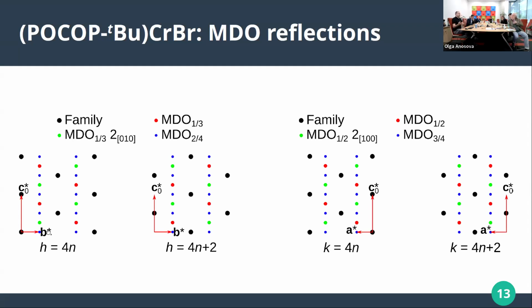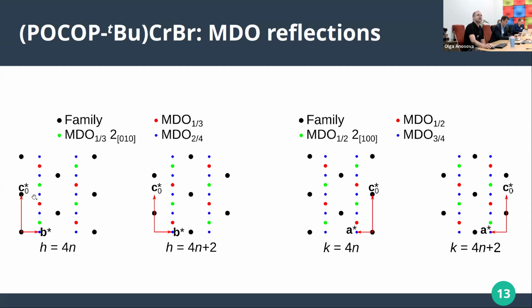And so from the lattice of the MDO polytype, you can say where you expect the reflections, right? And then in this case, I only look at the H and K even planes, because they're less complicated. You have rods where the family reflections are. These are reflections that belong to all polytypes. And these are always sharp.